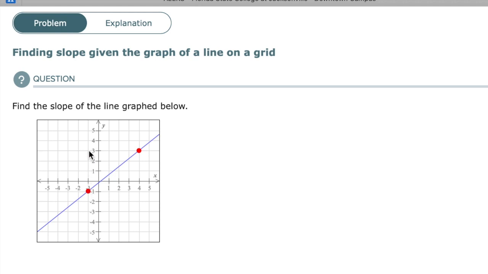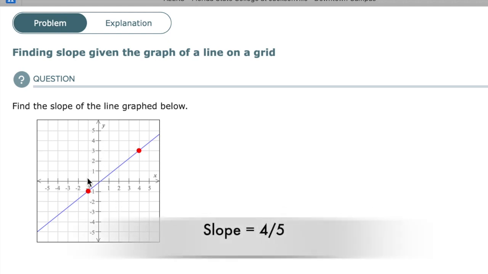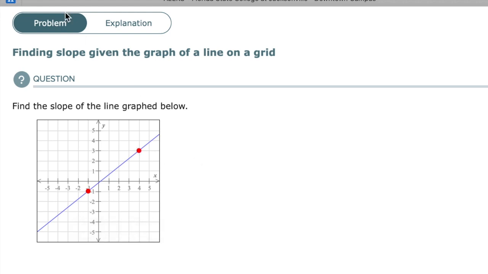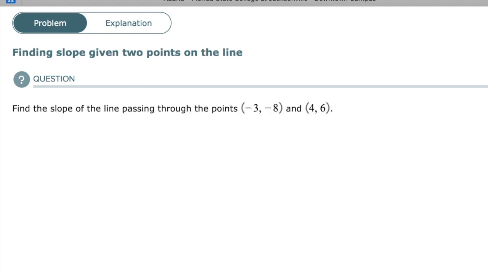Now let's look at the horizontal distance. It's 1, 2, 3, 4, 5. There is 5 units horizontally. So if you were to give the number for this line's slope, you would say 4, remember the vertical distance, over 5, the horizontal distance. 4 over 5, positive.